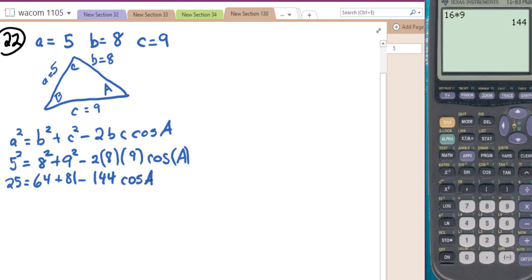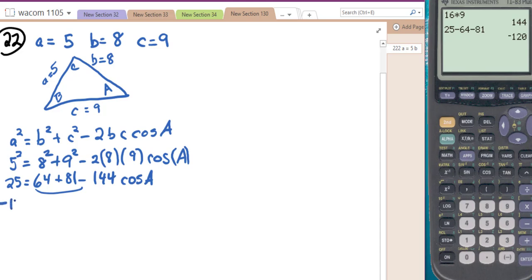All right, so I want to move these two numbers to the other side. So I have 25 minus 64 minus 81. Enter. Negative 120 on the left.